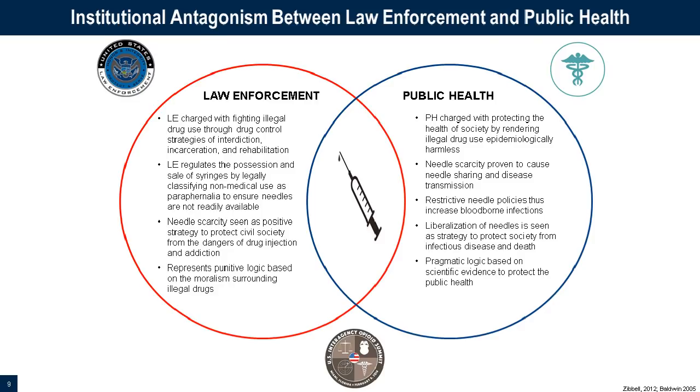So public health eventually came around to support the liberalization of needles as a strategy to protect society from infectious disease and death. This logic was a pragmatic approach based on the scientific evidence to protect the public health. This cultural struggle is the institutional terrain where the punitive logic of law enforcement is antagonistic to the epidemiologic logic of public health.